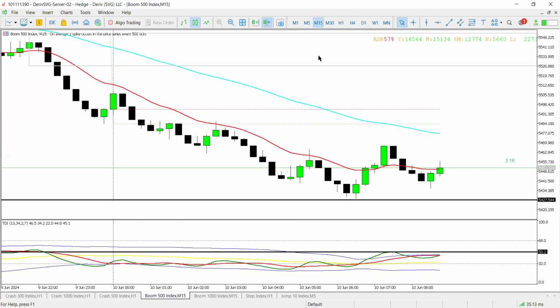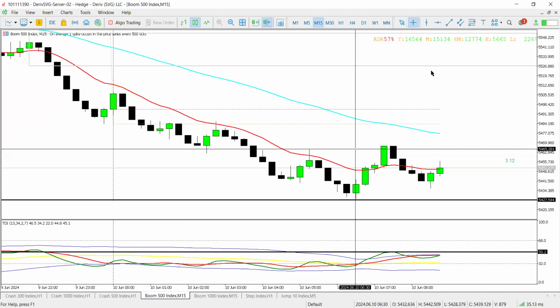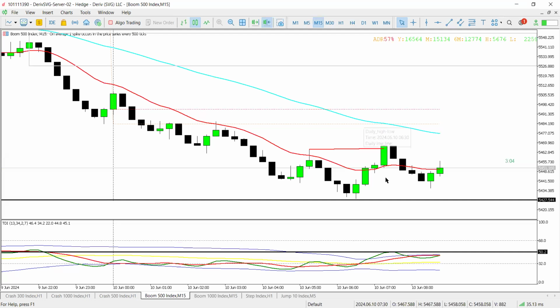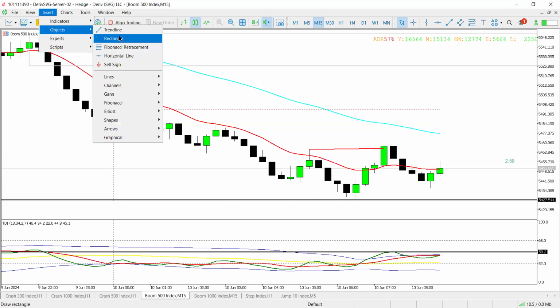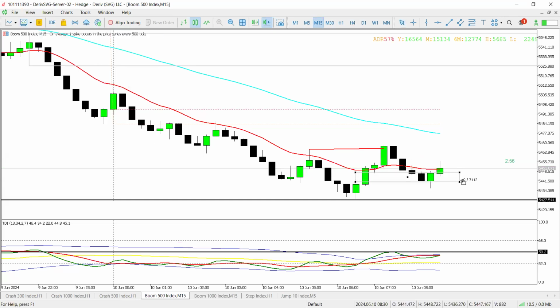Let me zoom in again here. On M15, what you notice is price actually took out this high, so we've got a break of structure there. When price broke that area, it left a fair value gap, which is right here.